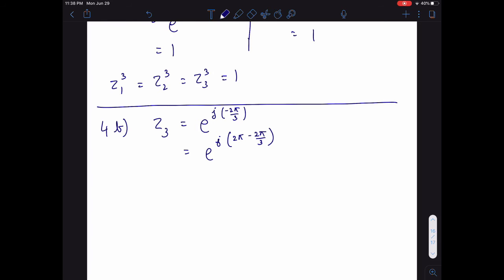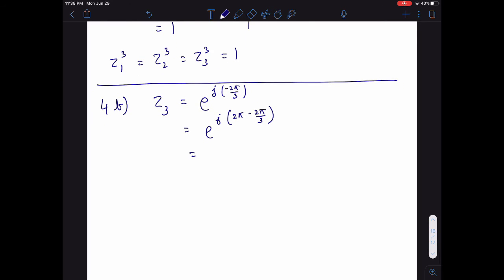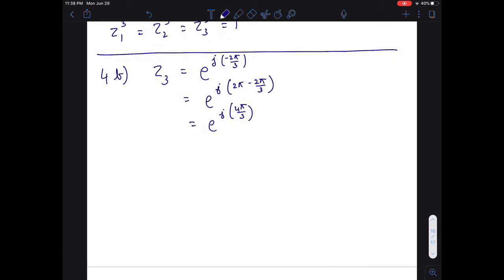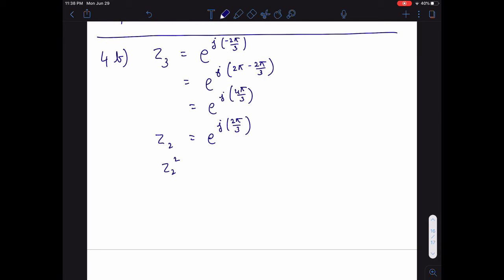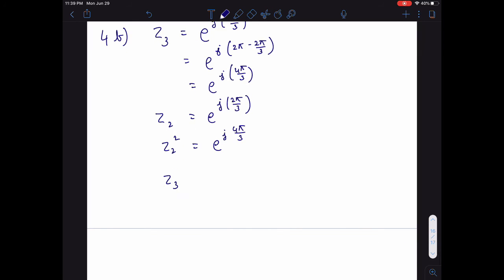So we'd get e power j 2 pi minus 2 pi by 3, and that would be e power 4 pi by 3. Now z2 was e power j 2 pi by 3, and z2 squared would be e power j 4 pi by 3. So z3 is equal to z2 squared.